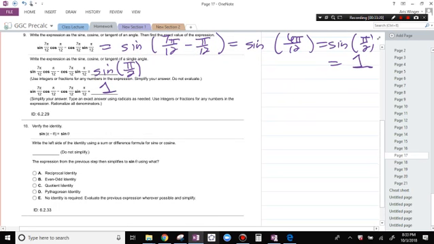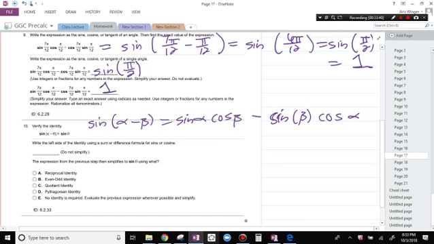The sine of pi minus theta is actually the sine of theta for every theta. Right? We're going to use this formula again. Sine of alpha minus beta is the sine of alpha cosine of beta minus sine of beta cosine of alpha. And in this case, alpha is pi, beta is theta. And let's see if this actually comes out.